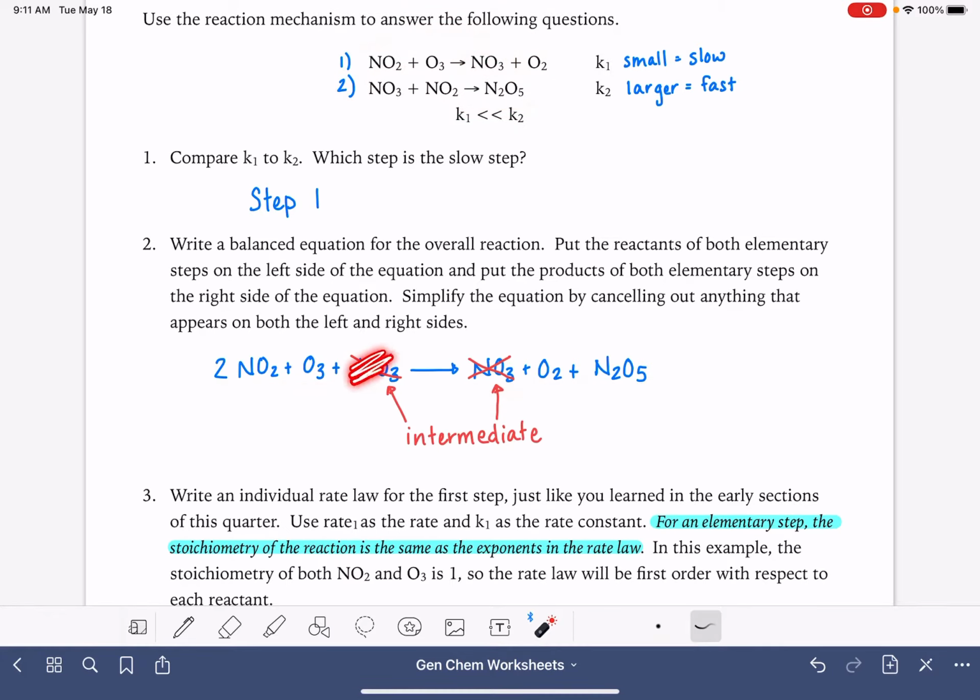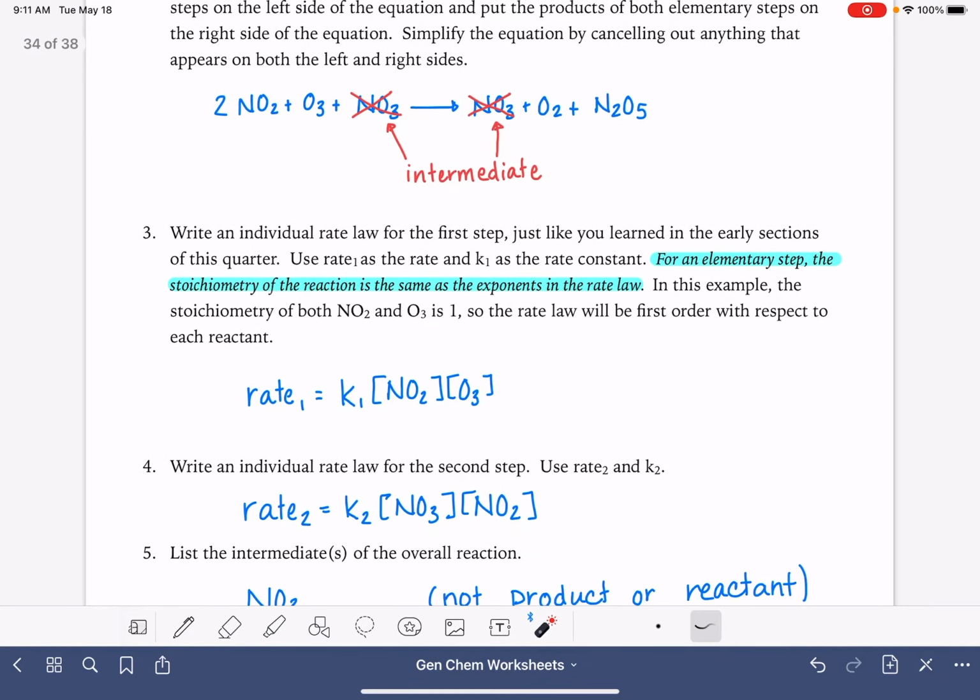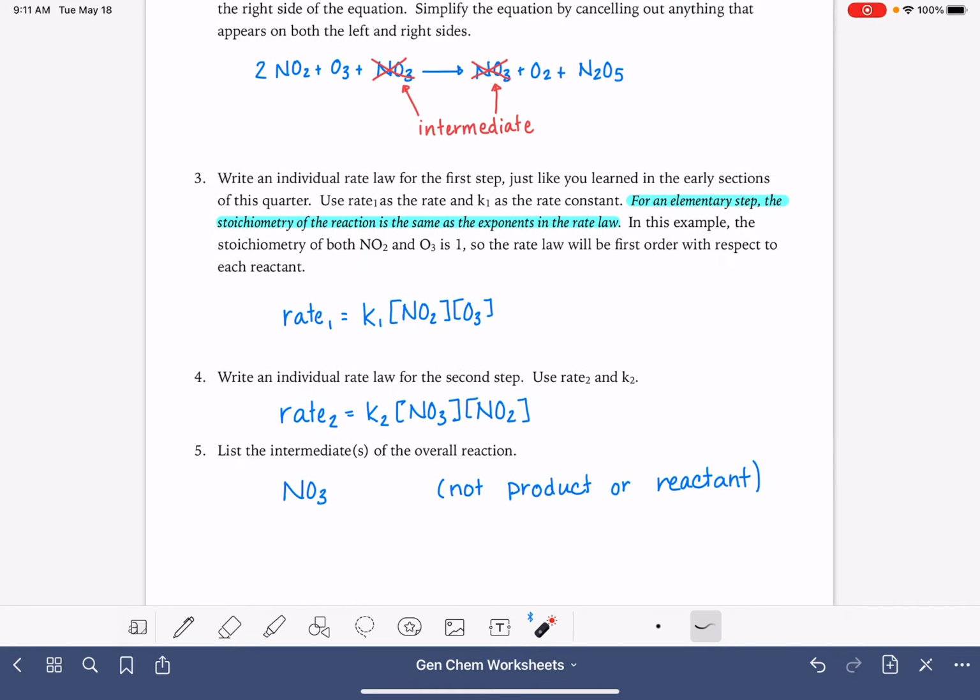In the overall reaction, that NO3 term disappears. So that's exactly what we're looking for. We're looking for a molecule that we can find in an elementary step, but we can't find in the overall reaction. Not a product or a reactant, but it is present in the elementary steps.